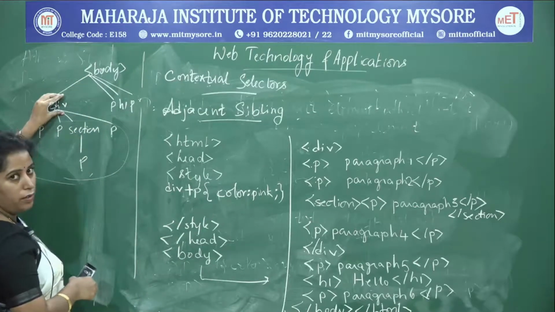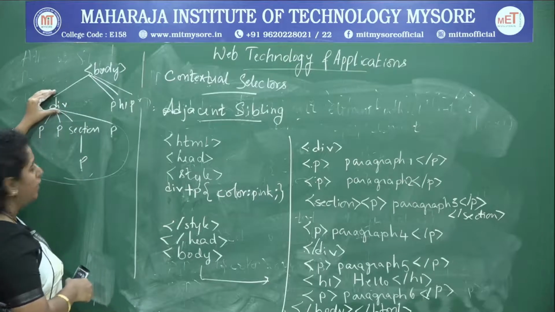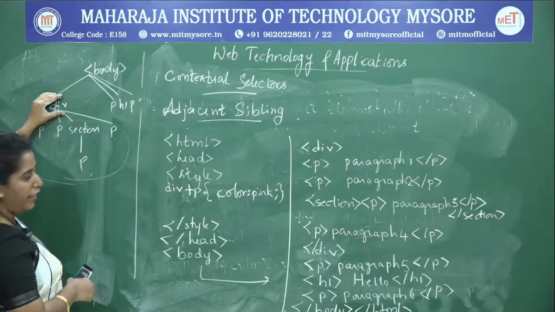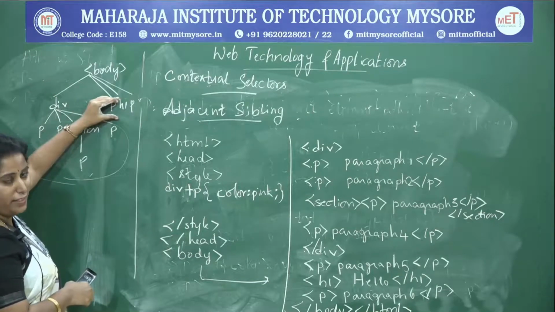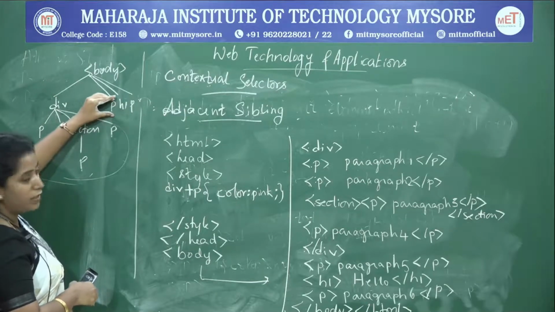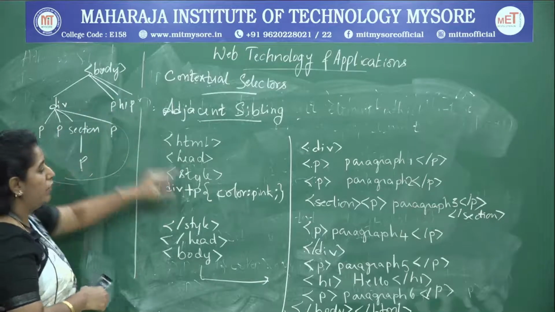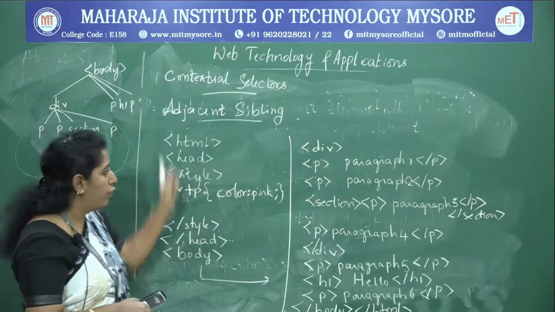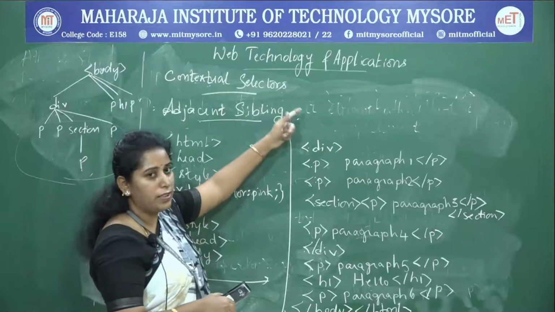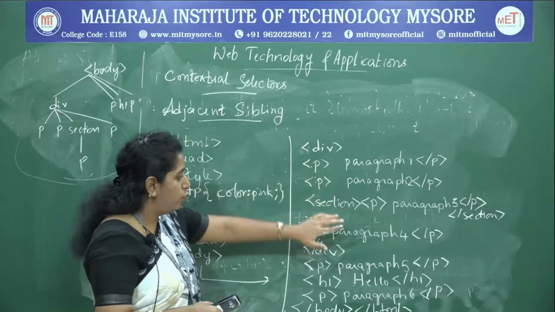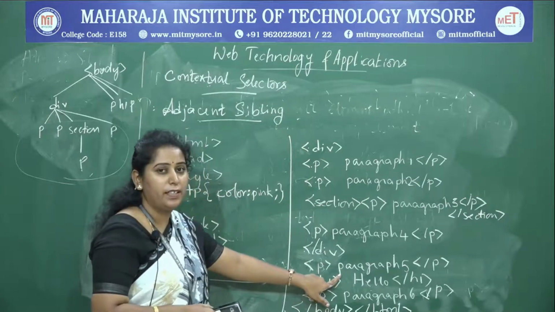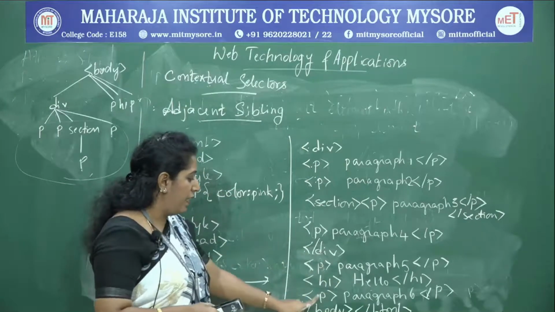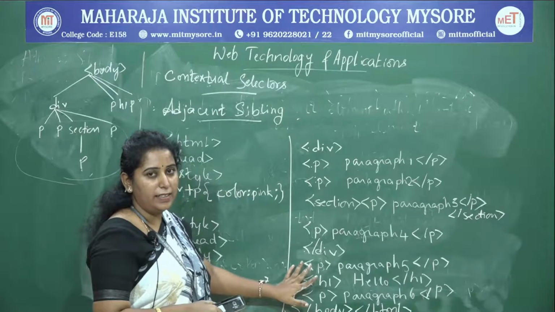Div is one child, right? For this, the next adjacent, I have P. Yes. So this will be styled with pink color. Okay. Now you run the program. You can notice paragraph 1, 2, 3 and 4 remain as they are. 5 will be printed in pink color and the remaining will be printed as they are.